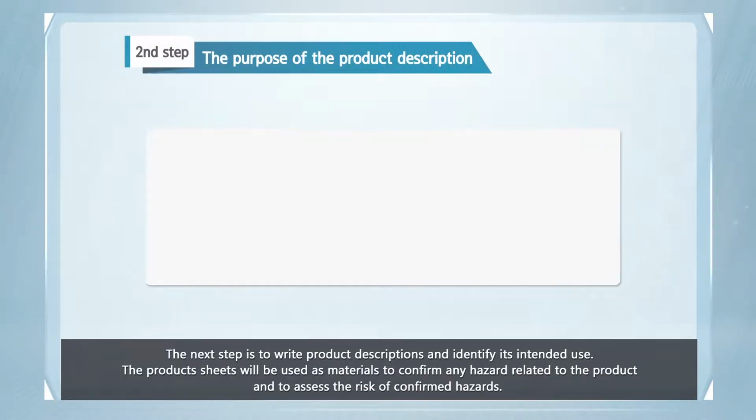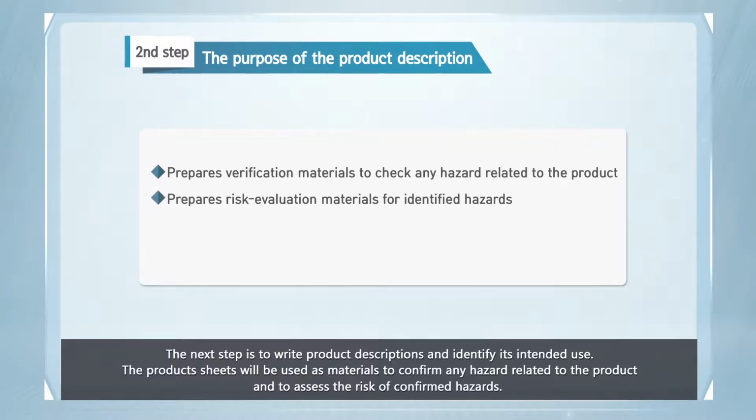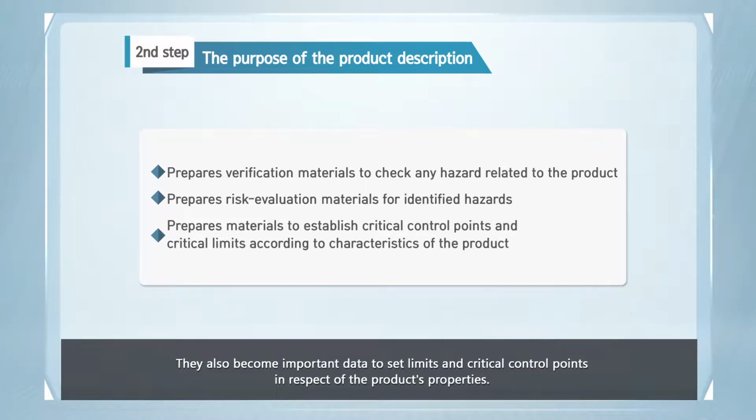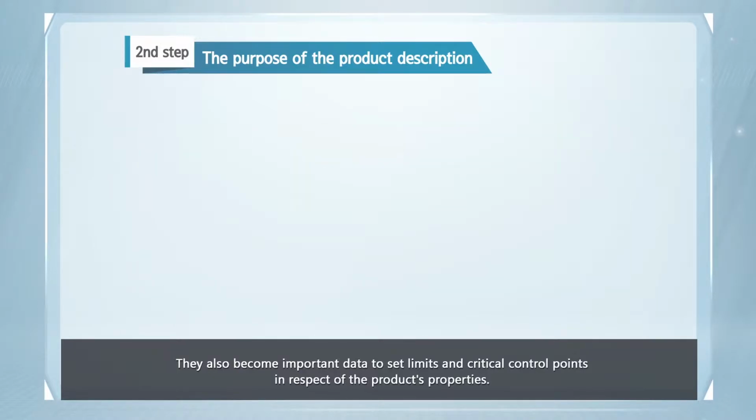The next step is to write product descriptions and identify its intended use. The product sheets will be used as materials to confirm any hazard related to the product and to assess the risk of confirmed hazards. They also become important data to set limits and critical control points in respect to the product's properties.